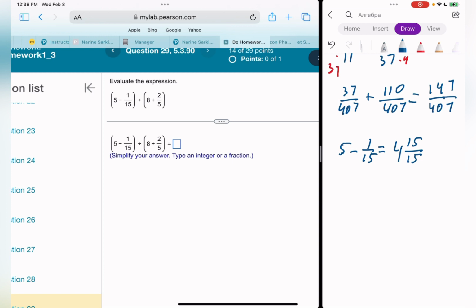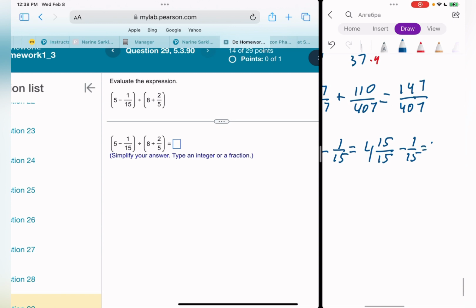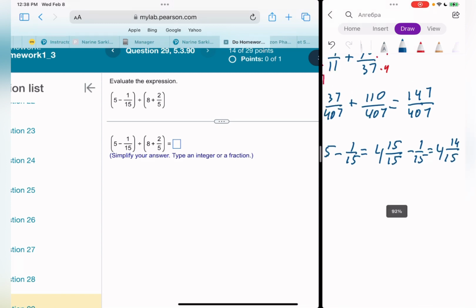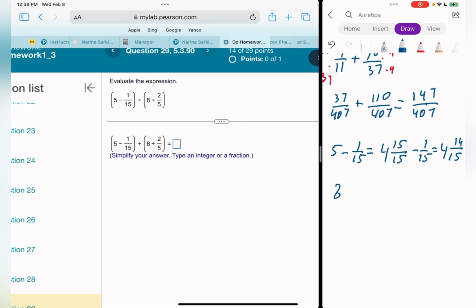I'm going to place under this video the link to the video when I teach how to subtract a fraction from the whole number to make your life easy. And minus 1 over 15. And I'm getting 4 and 14 over 15. And second one, 8 plus 2/5. It's going to be 8 and 2/5.